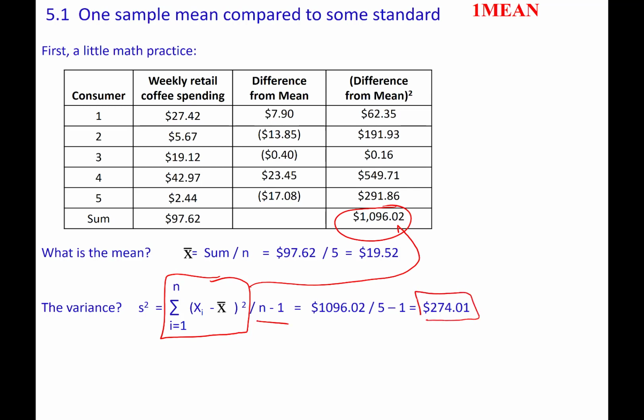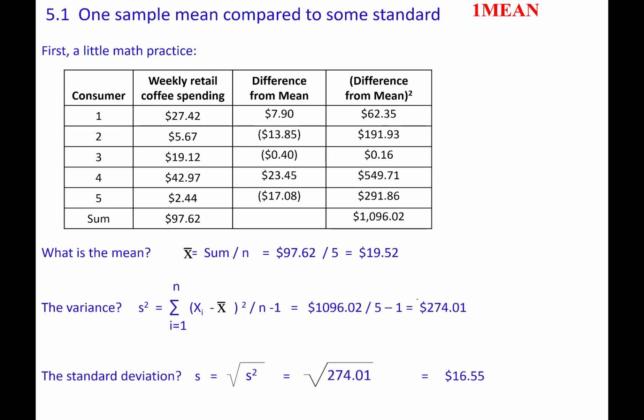The variance is a number which in itself doesn't look like it means much, but it does mean something when it comes to comparing across samples on the same variables, as well as being interpreted into other summary statistics. The standard deviation is simply the square root of S squared. And in our case, it's $16.55.